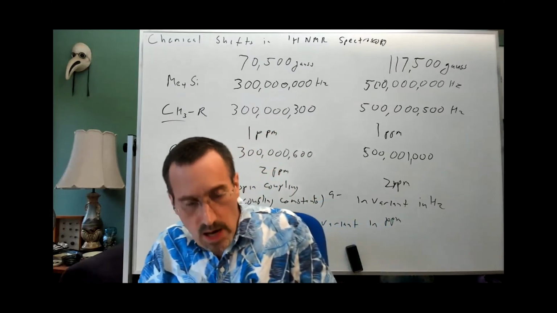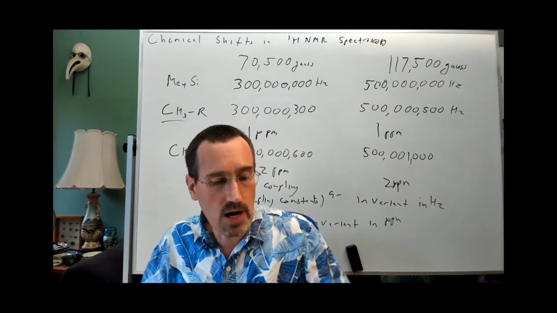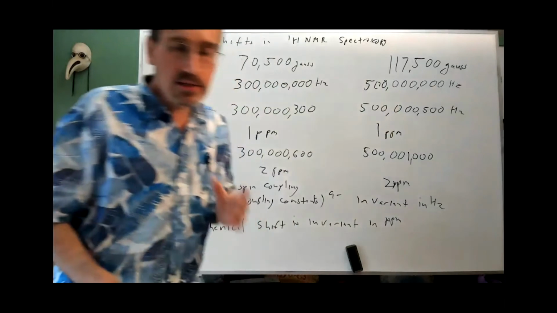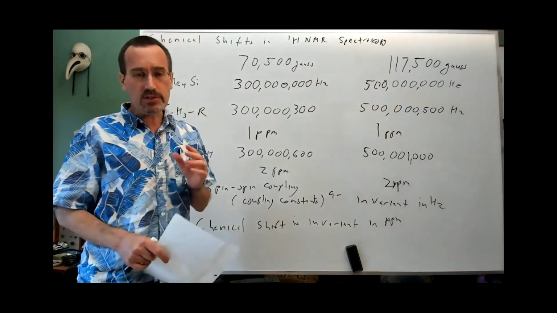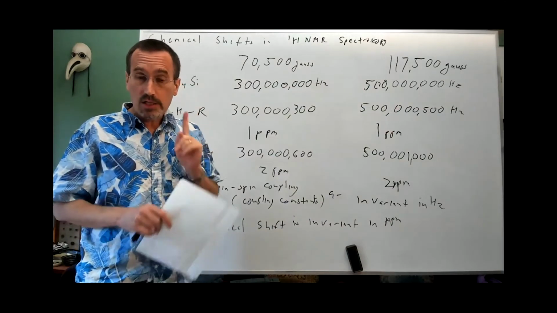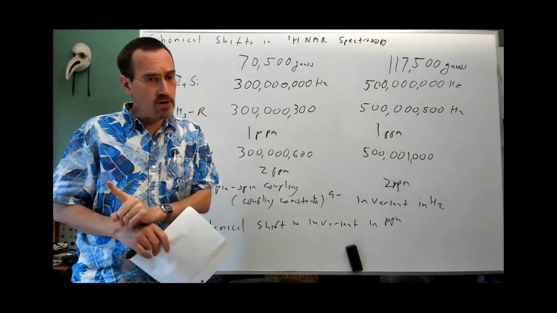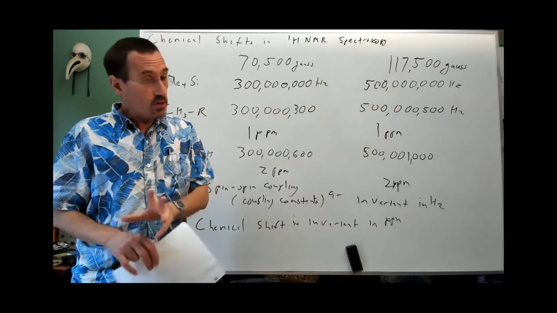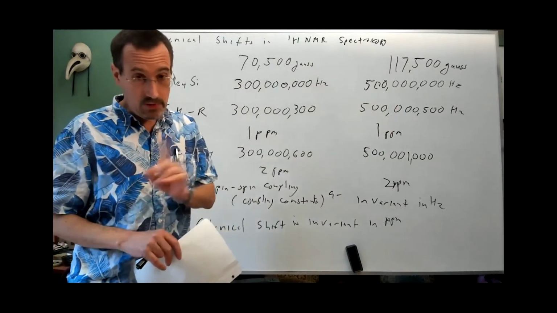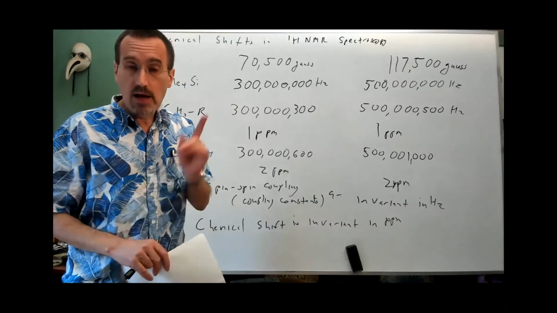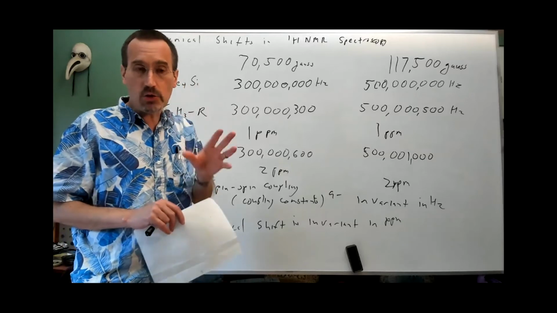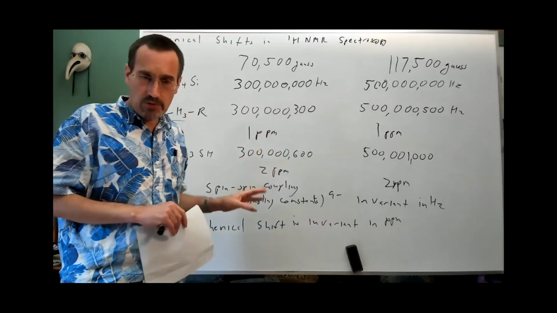So I want to go on then and start to talk about some factors that affect chemical shift. And our goal for today's lecture is really to come up with a mental calibration to be able to know where protons appear. There are tools, and I will introduce those today as well, to help you, or at least one of those to help you, but nothing replaces the ability to intuitively know where different protons show up.